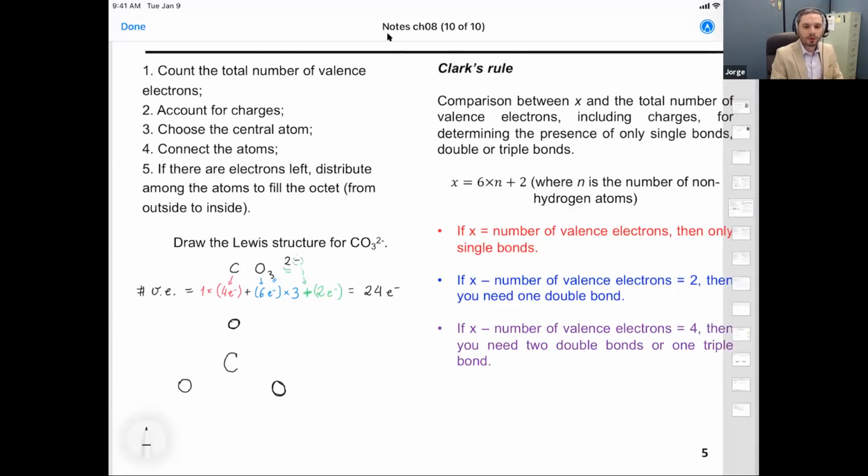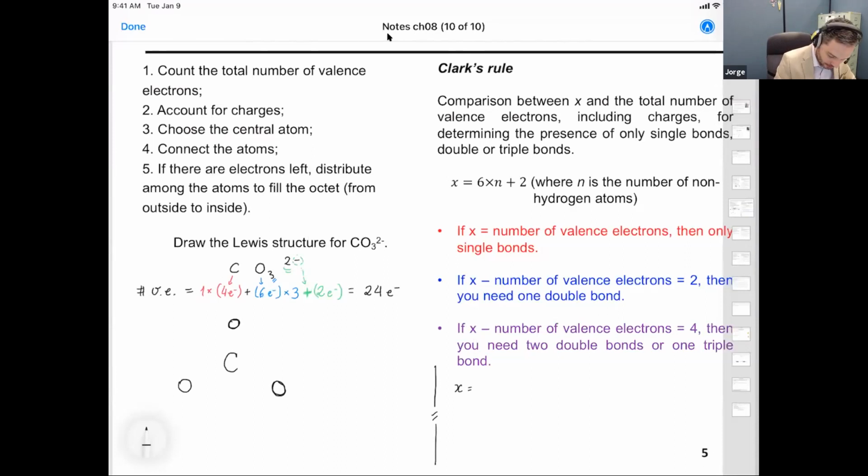Okay, so now that we got all the way to this point, we need to connect the atoms. Are we only going to use single bonds? Do we need a double bond or a triple bond? Let's use the Clark's rule to determine what we need. I'm going to write here on the right bottom corner of the slide. For the Clark's rule, we are going to determine X first.